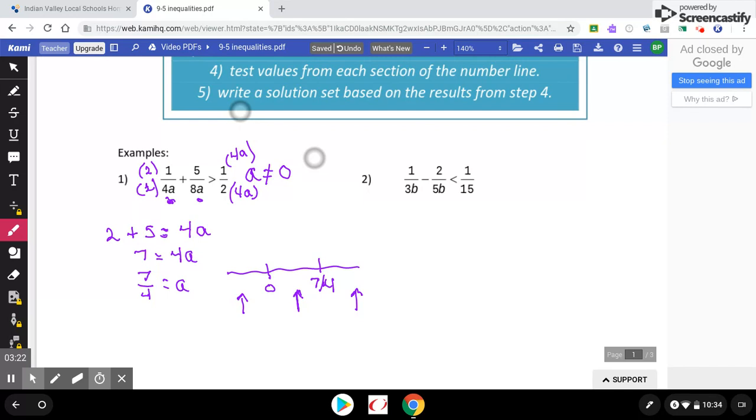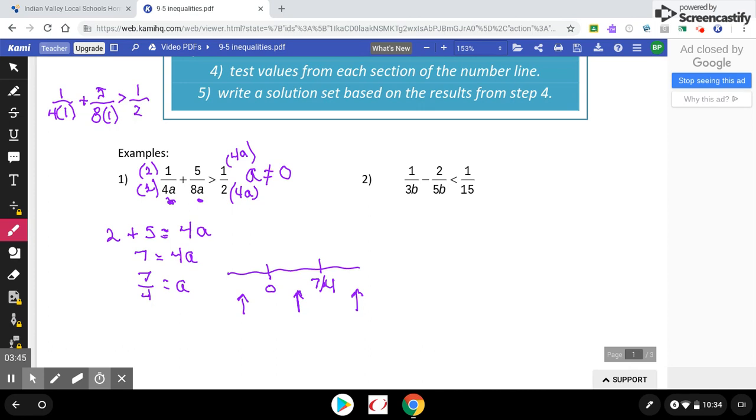And the original problem said 1 over 4a, plugging in a 1, plus 5 over 8a, plugging in a 1, is greater than a half. So I'm not going to ignore that greater than sign now.